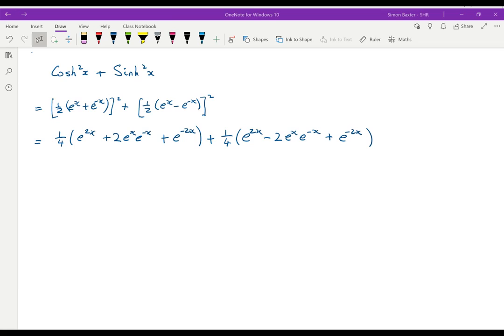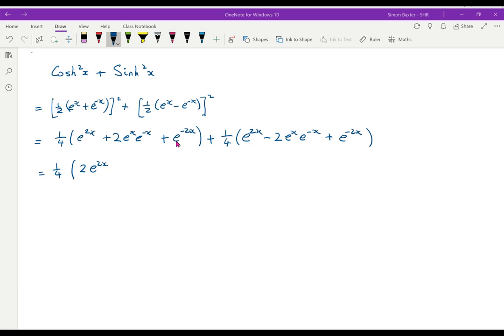We have a quarter, so let's put the quarter outside. Then we have e to the 2x plus e to the 2x, that's 2e to the 2x. Then we have 2 minus 2, so the middle term disappears.